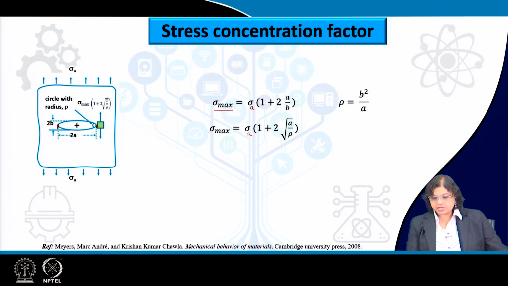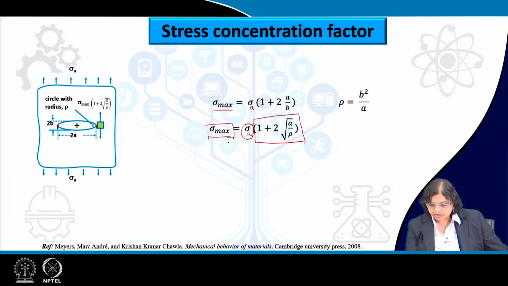So, this is as simple as this, which means that if we are applying stress of sigma A, that is being magnified by this term here, and at the tip of the crack we are getting a stress value of sigma max.